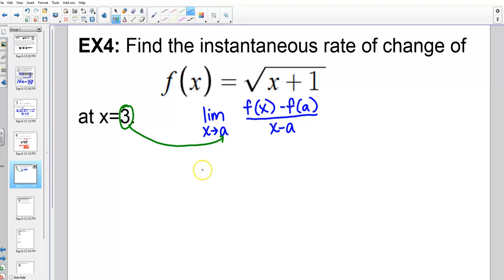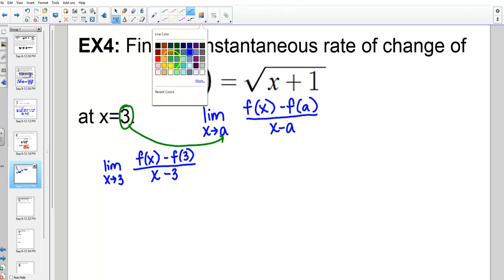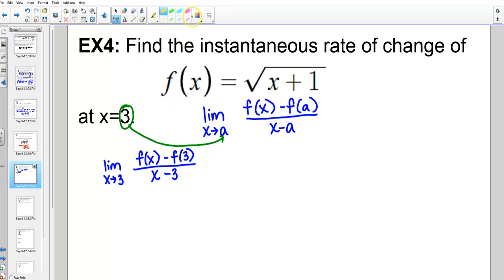So if we plug that in, I'm going to write over here so I've got plenty of room, limit as x approaches, instead of a, I'm going to put 3, of f of x minus f of 3 all over x minus 3. For all those places that had a's, that's where we put this point that we're approaching.